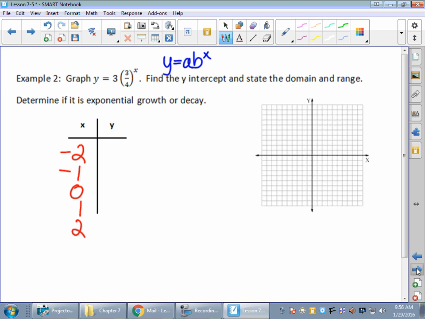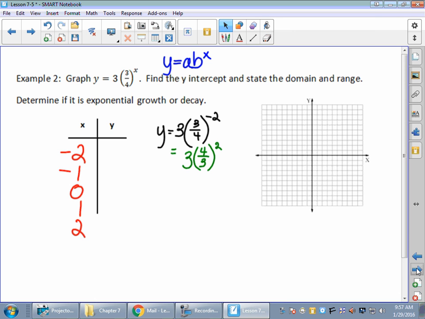So let's do some math on the side here. So y equals 3 times 3/4 to the negative 2 power. You might need to get your calculator. I'm going to do this the old-fashioned way. I know that that's 3 times 4/3 to the positive 2 power, which means I'm going to have 4/3 squared times 3.